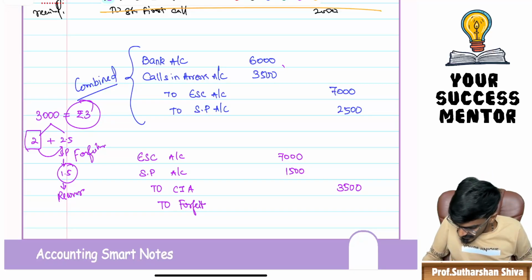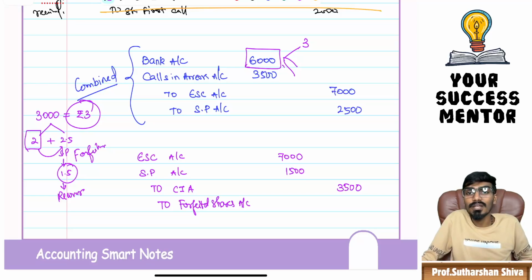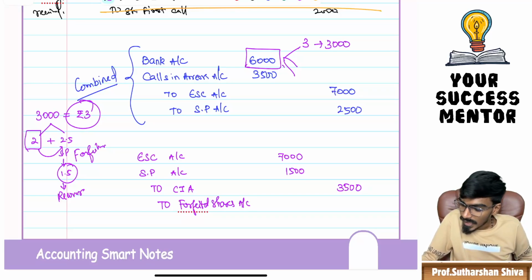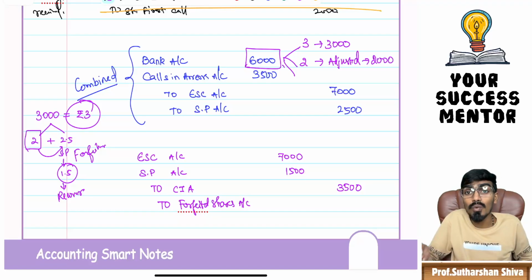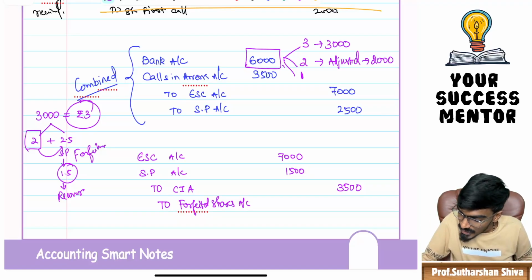Forfeited shares. Now again the point will come. On 6,000, 3 rupees is for application we take. Correct? 3,000 is over. Next, 2 rupees we have adjusted towards allotment. So 2,000 is also towards capital. Correct? Yes, sir. The 1 rupee which is in excess has been adjusted towards securities premium.